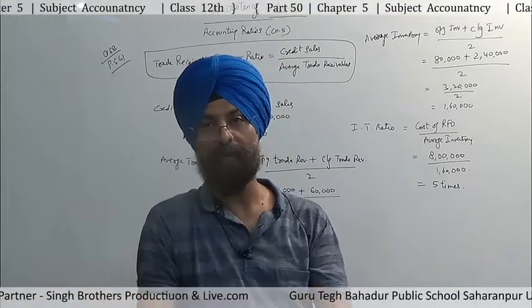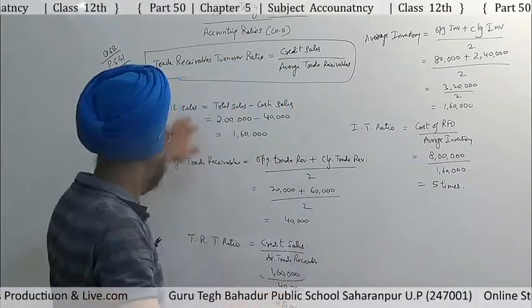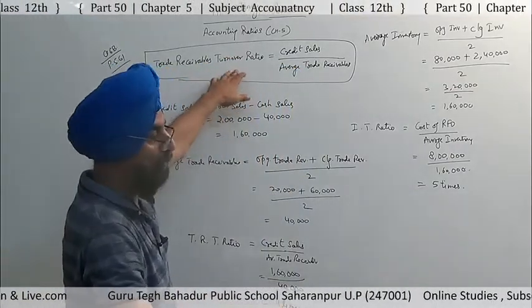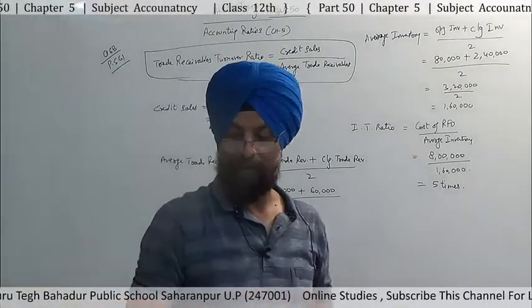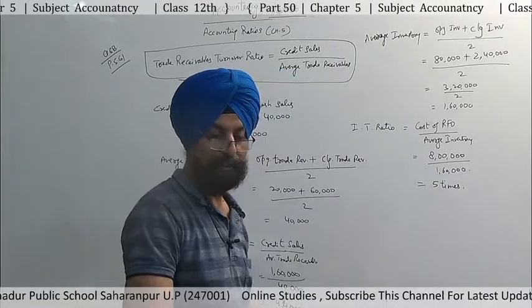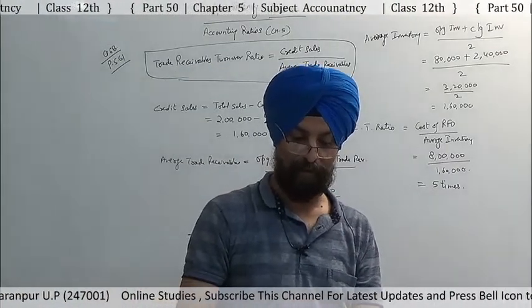Average collection period will be calculated after finding this trade receivables turnover ratio. First you have to find trade receivables turnover ratio, then you can find average collection period. So in the same way, see average collection period, how we can find it.